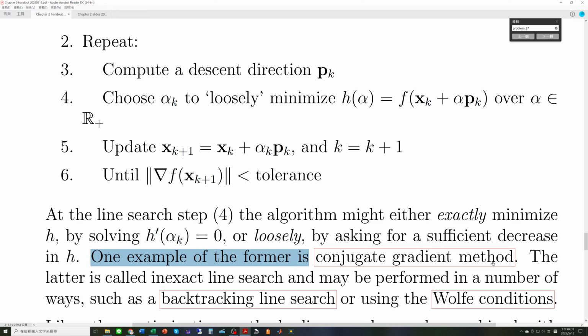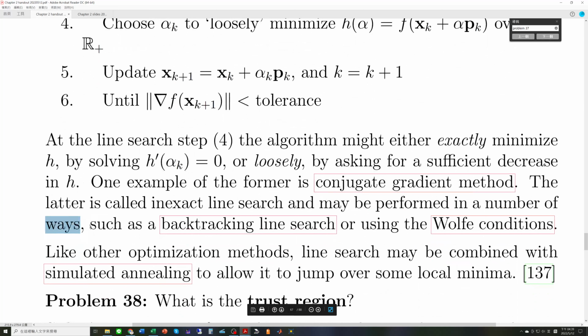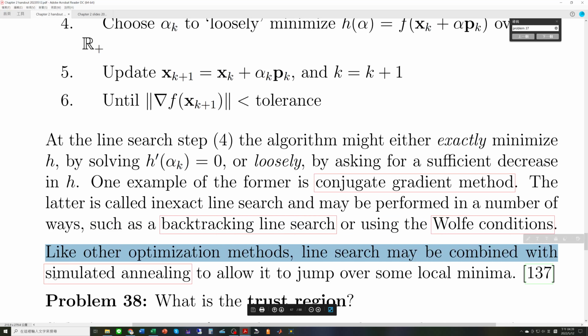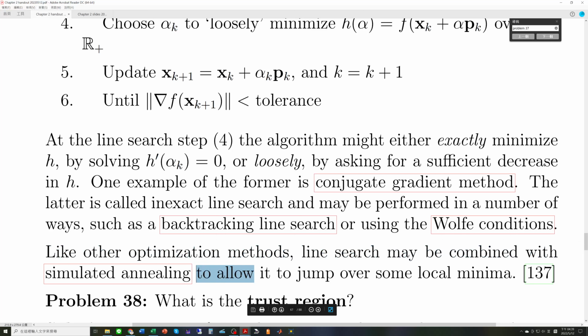We will introduce what is conjugate gradient method later. The latter is called inexact line search and may be performed in a number of ways, such as a backtracking line search or using the Wolfe conditions. Like other optimization methods, line search may be combined with simulated annealing to allow it to jump over some local minima.